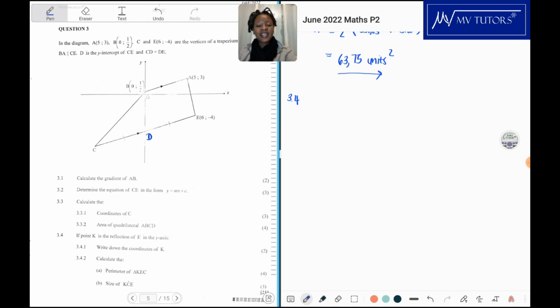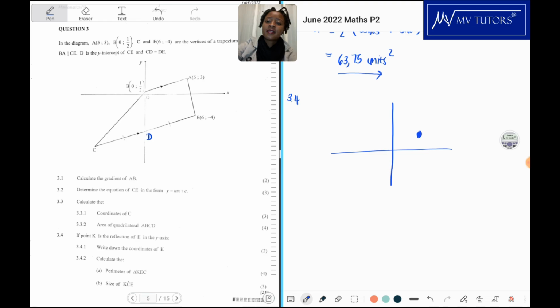So whenever you reflect something in the y-axis, let's say you have a point here, and it's on coordinate 4 and 2. If this point were to be reflected about the y-axis, it would be this side, right? Now what happened? Your x became negative.